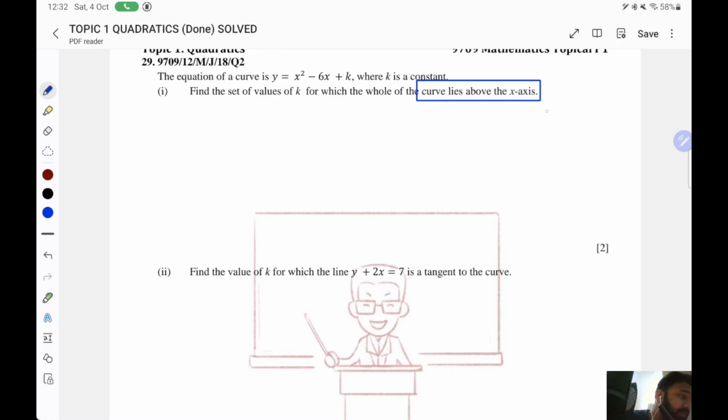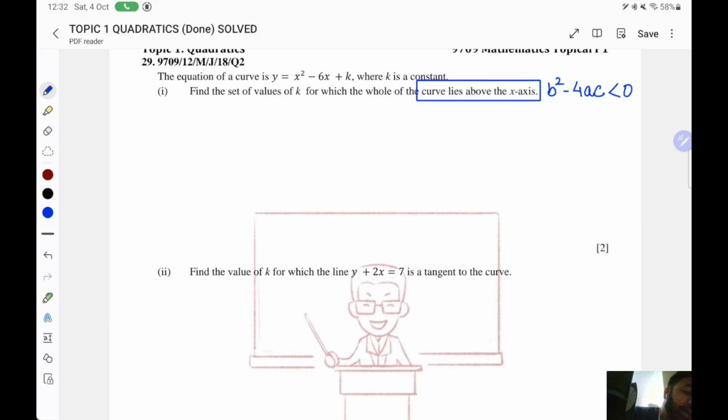So it means b square minus 4ac less than 0. Greater than means that they are intersecting at two points. If they are not intersecting, it means it's lesser than 0.